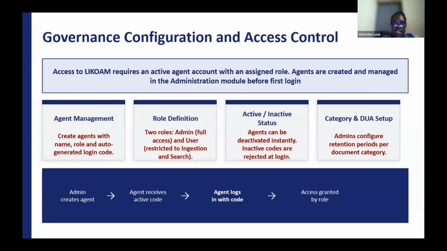Governance configuration and access control. Governance is configured before any document enters the system. An administrator creates agents, and roles are assigned, either admin or user. Access is controlled by active login codes. This ensures accountability and control of access from the beginning.